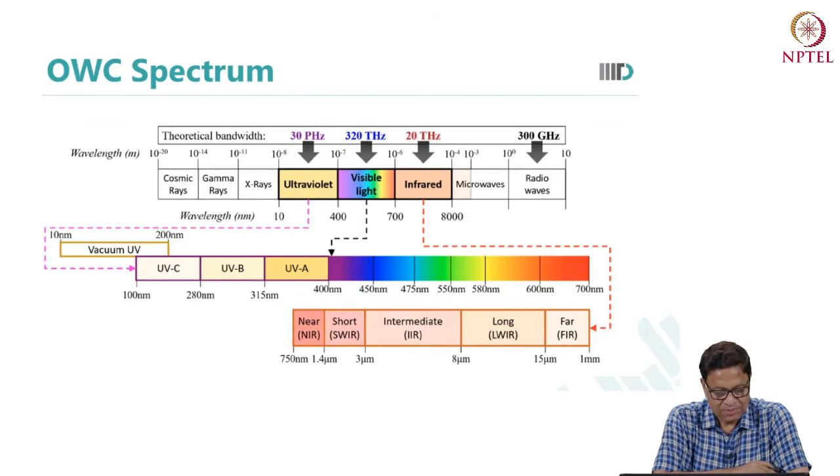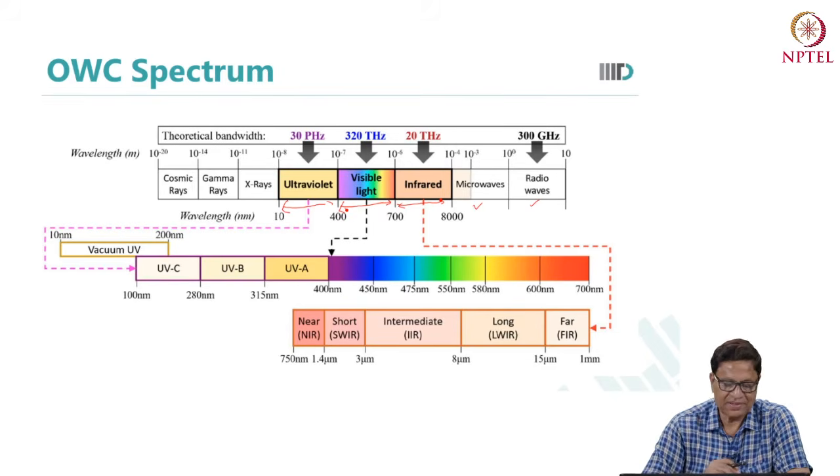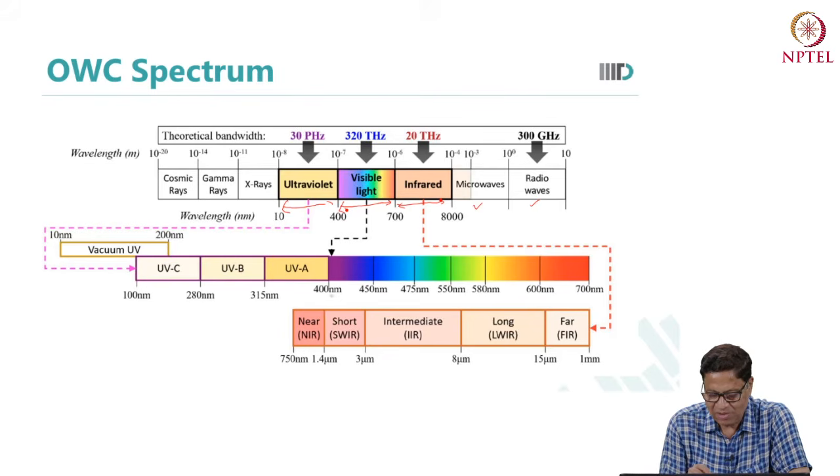Just to explain to you about the spectrum of optical wireless, if you see on the top, you have the visible range here, and then you have the infrared here, and then you have the ultraviolet here. And here on this side, you have the microwaves and the radio waves. And on the left side, you have X-rays, gamma rays, and cosmic rays. This visible light spectrum is further, you can see the details, which goes from 400 nanometers of wavelength to 700 nanometers.